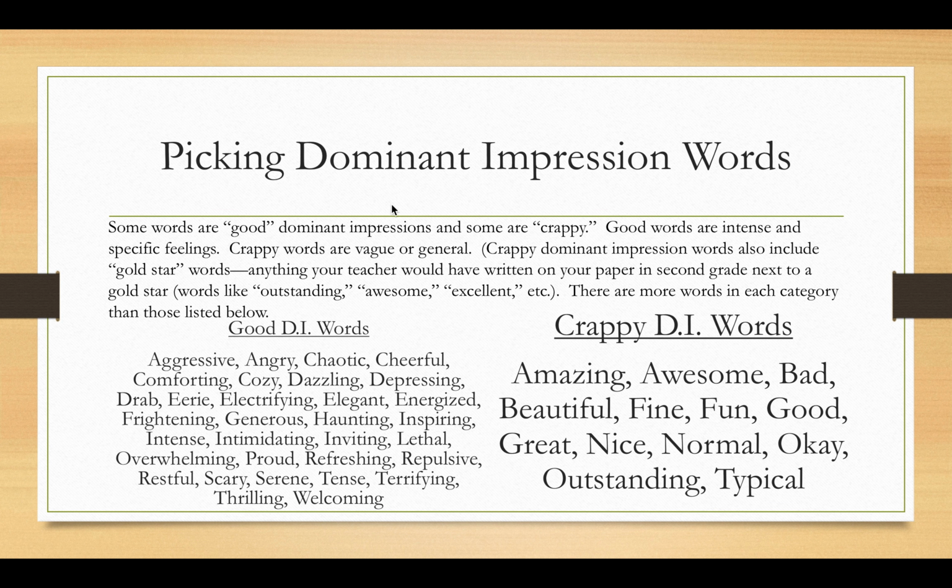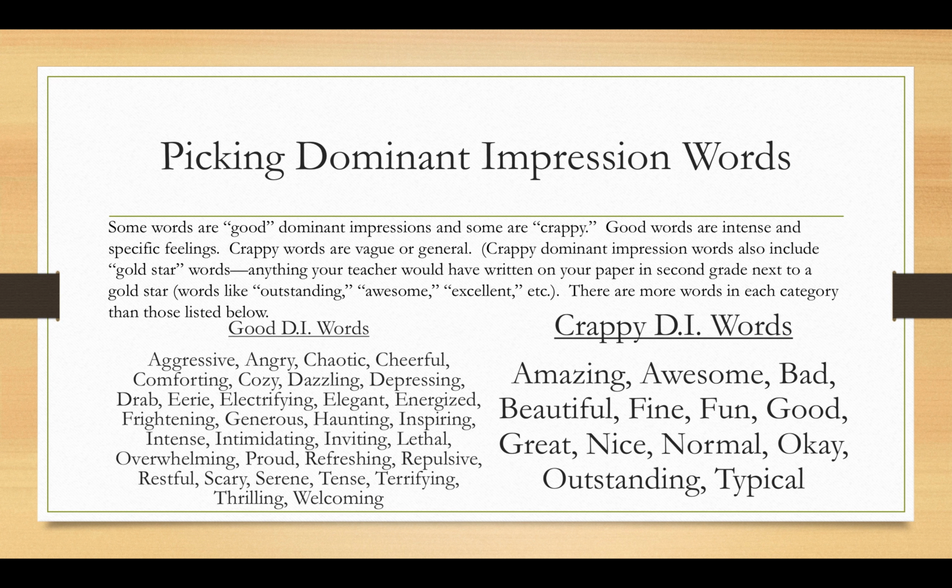So when you're looking at dominant impression words, you want to use ones that are really good. And I did not make this PowerPoint, so forgive the word crappy there. But good impression words are things like aggressive, chaotic, inviting, lethal, terrifying. Bad ones are things like awesome, beautiful, fun, okay, outstanding, typical, great.